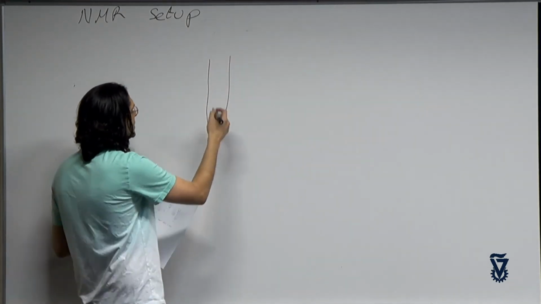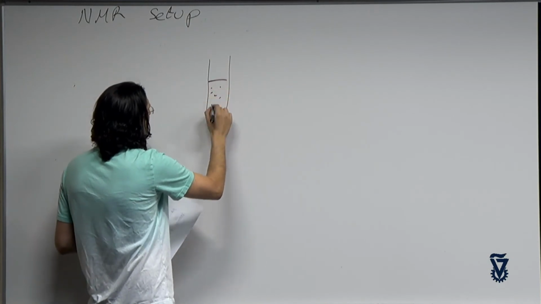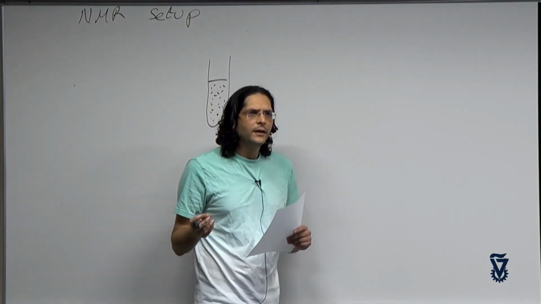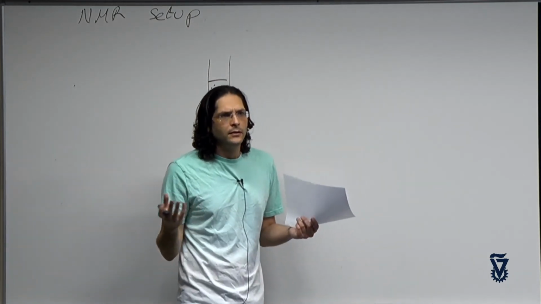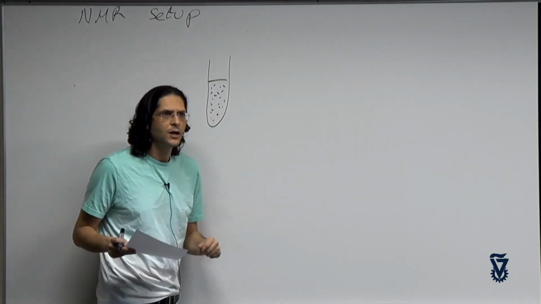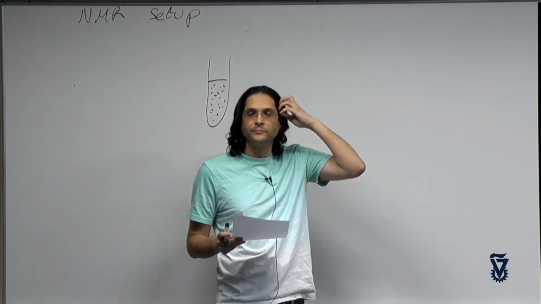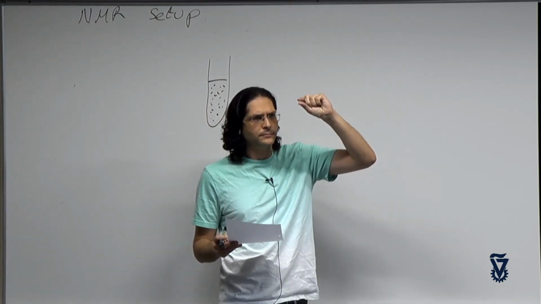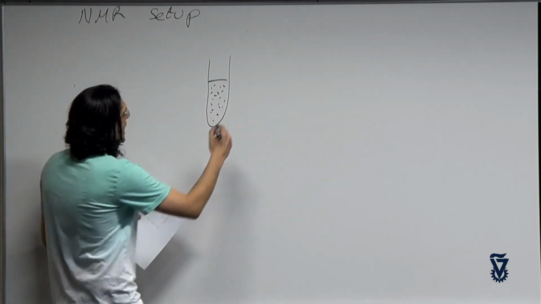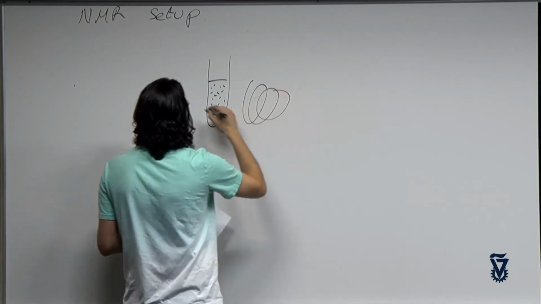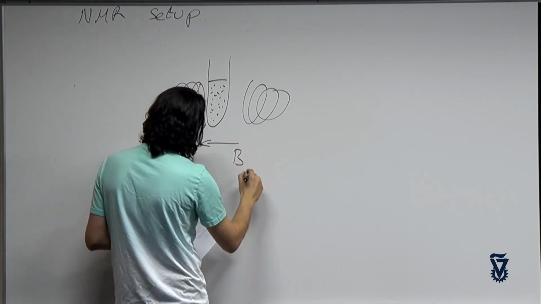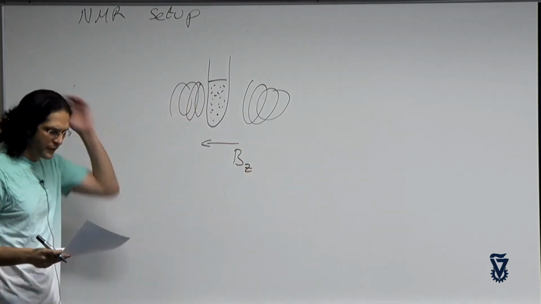You have some ampule with a solution, and this solution would have basically nuclear magnetic moments. This is nuclear magnetic resonance. So we have a big ensemble of nuclear spins, and we apply a big field to them. These are coils. This applies a field. This is going to be our Z field, our large Z field.